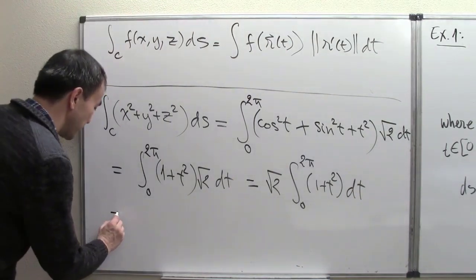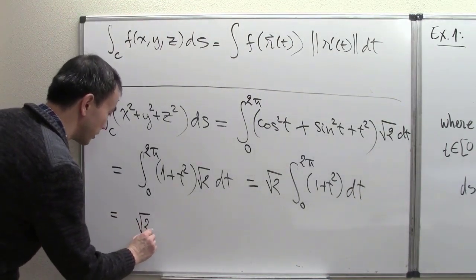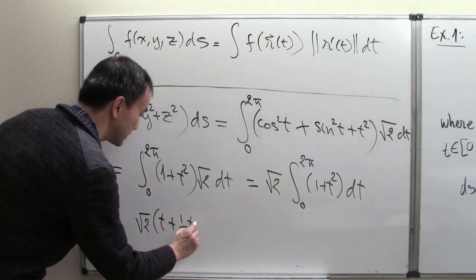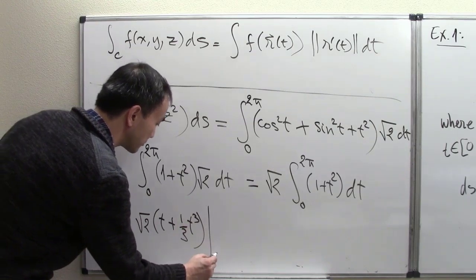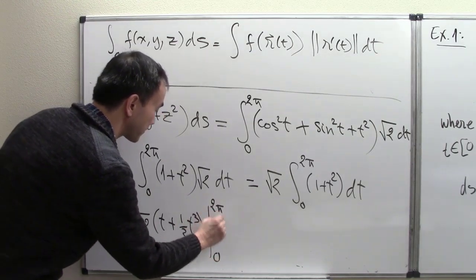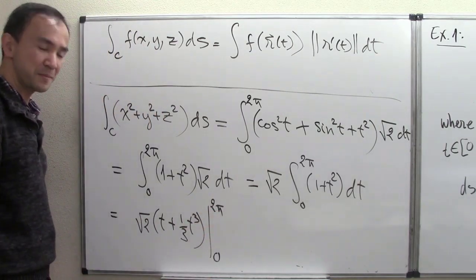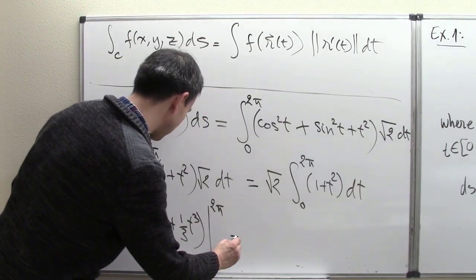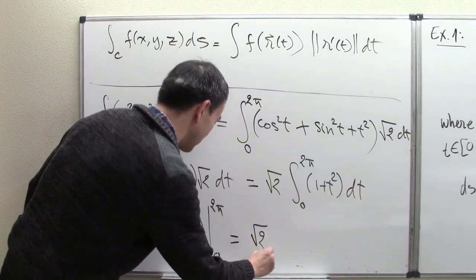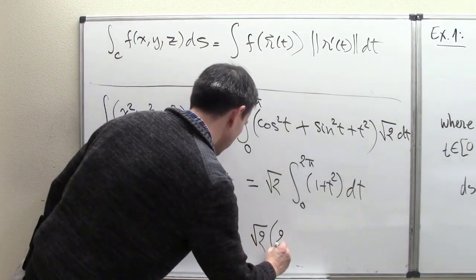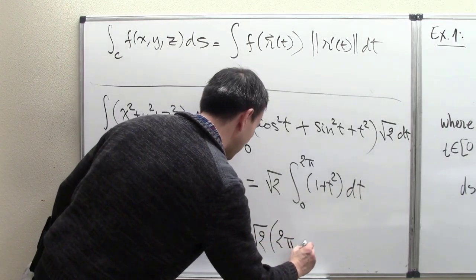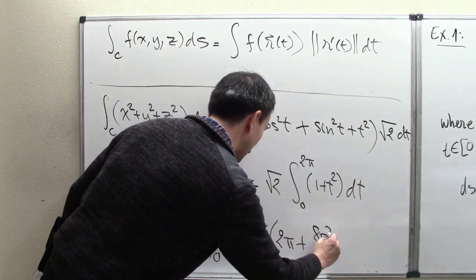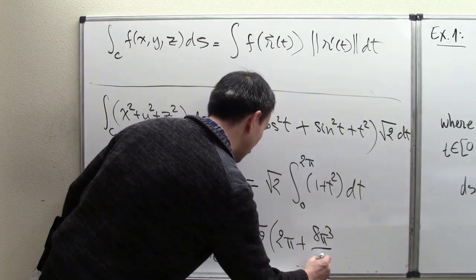So that gives me square root of 2 times t plus 1/3 t cubed, evaluating this from 0 to 2 pi. And so that's all together square root of 2 times 2 pi plus 8 pi cubed over 3.